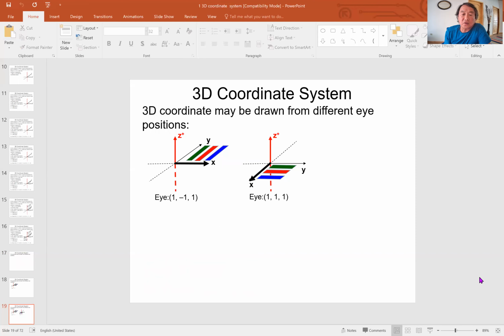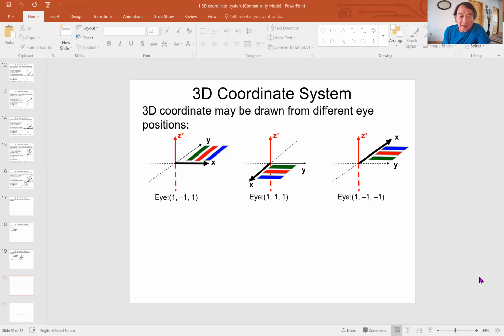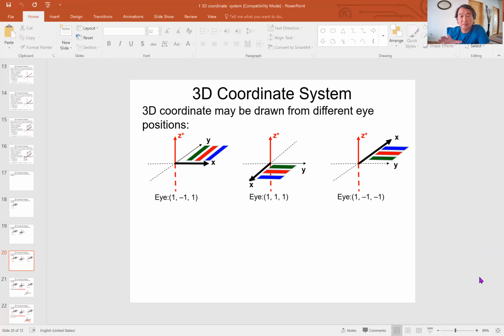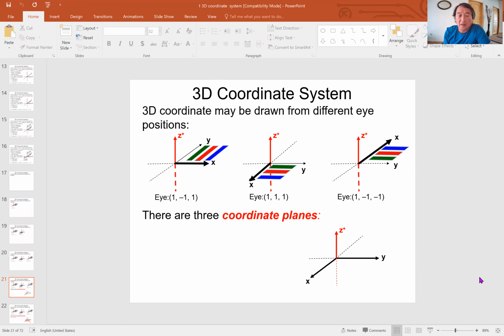If I shift my eye position to (1, 1, 1), that's what those 3 stripes on the ground look like. If I go underneath and look from eye position (1, -1, -1), that's what the order of the stripes looks like. So think about it, take a look at it. The point is that things look quite different, left, right, or up and down, depending on your viewpoint. And this is very important in computer science, computer graphics.